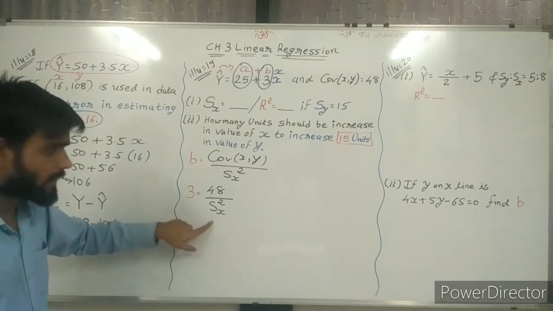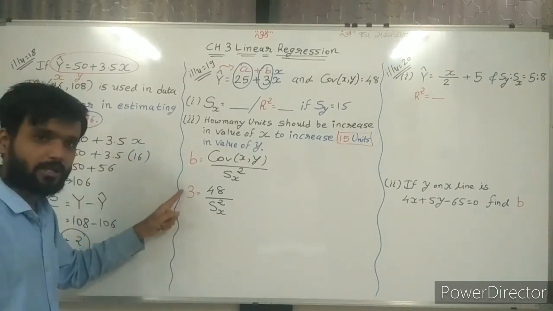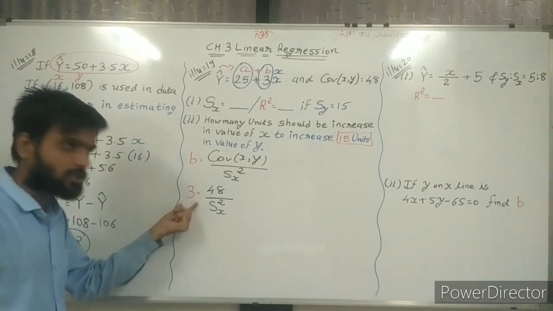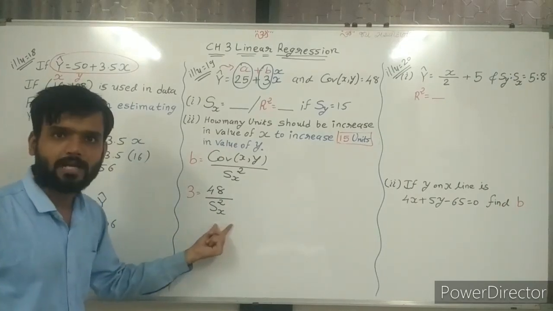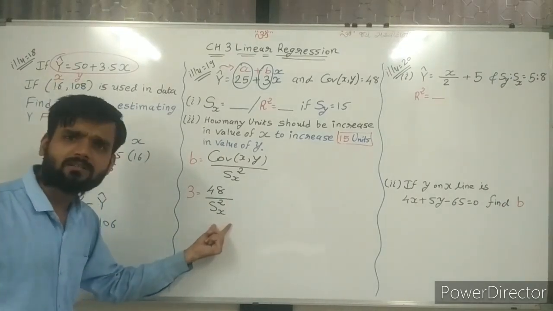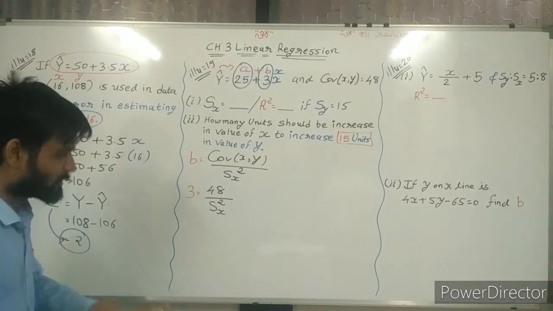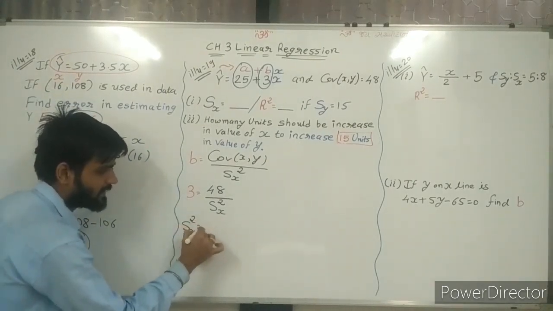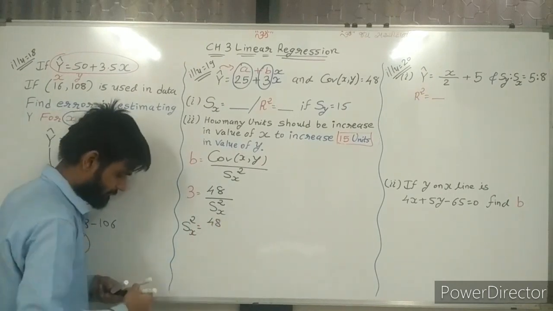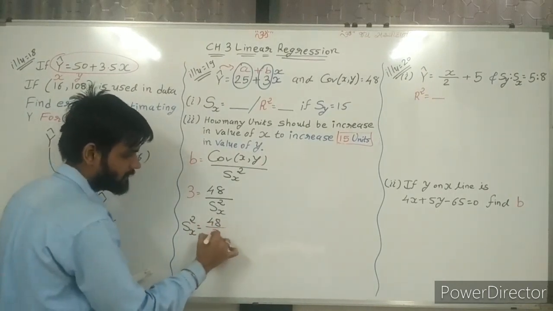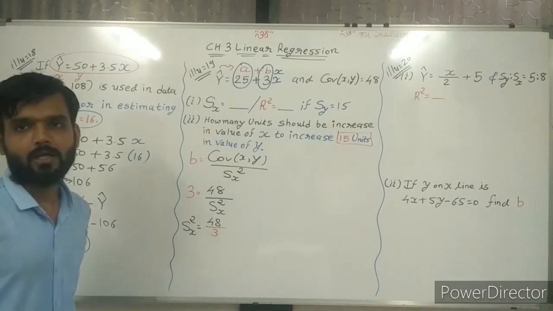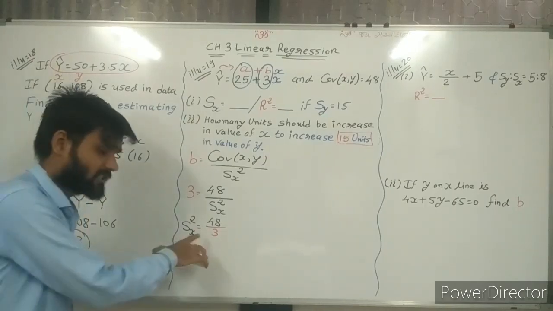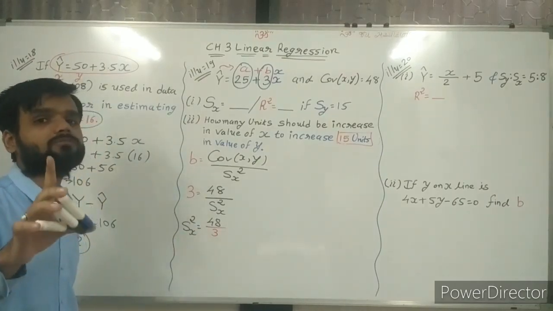Change the side of sx square. It is in multiplication, and 3 is in multiplication. Change its side, and it is in division. Simple. So sx square is equal to 48 divided by 3, and I am confident this must not be a doubt.